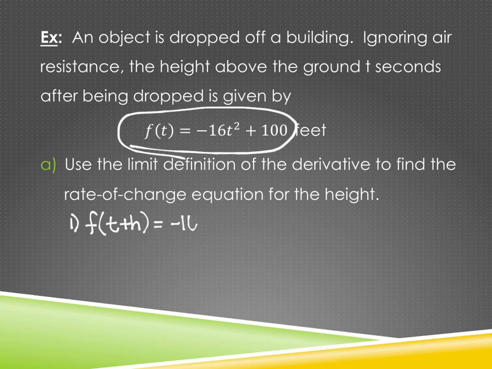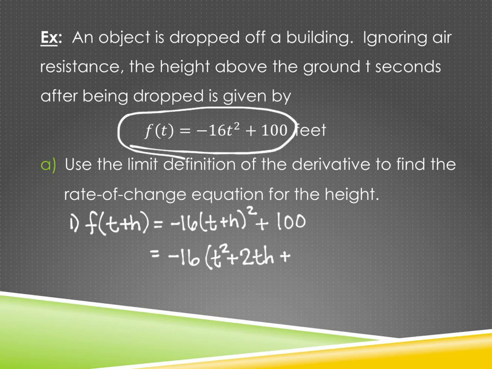So I have negative 16 times t plus h squared, plus 100. Now, we did x plus h squared at least twice, so we know that this should be t squared plus 2th plus h squared.